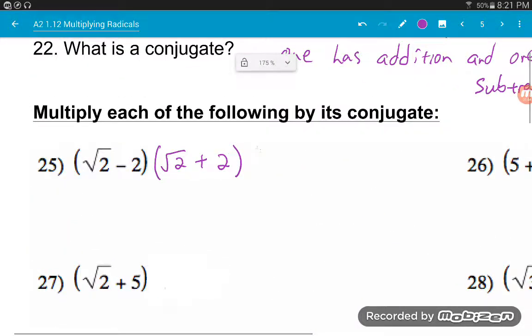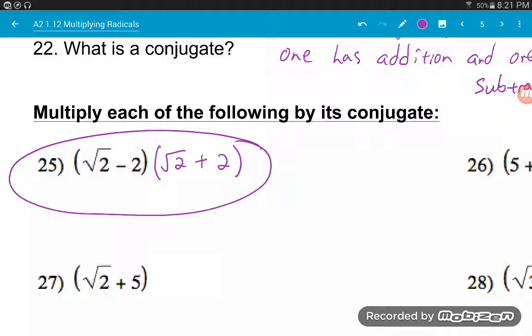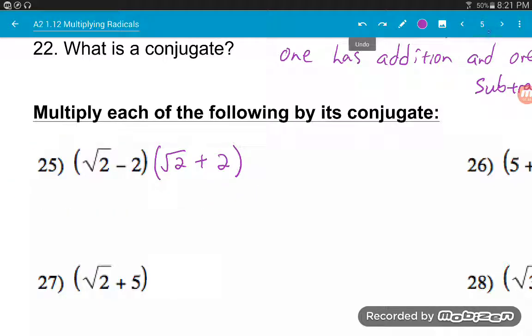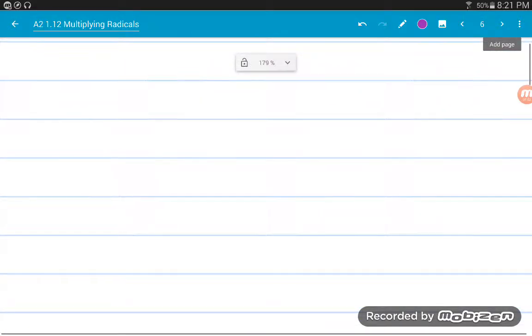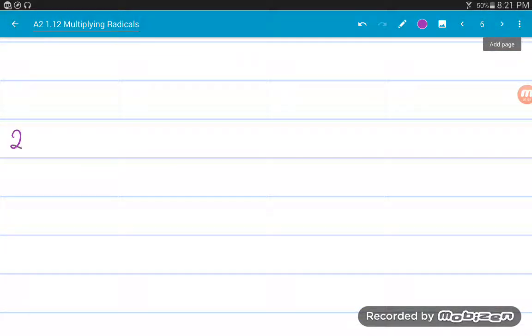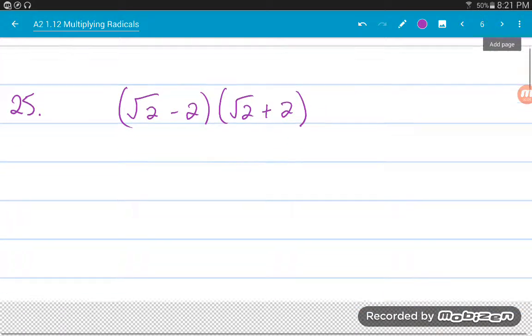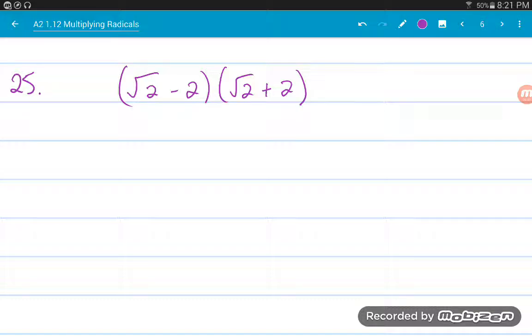So let me give you the example, which is number 25. Now if I want to multiply these two things together, I'm going to need a little bit of space to do that. So I'm going to take it to my loose leaf. Radical 2 minus 2 times radical 2 plus 2. This is a binomial, two terms, times another binomial.